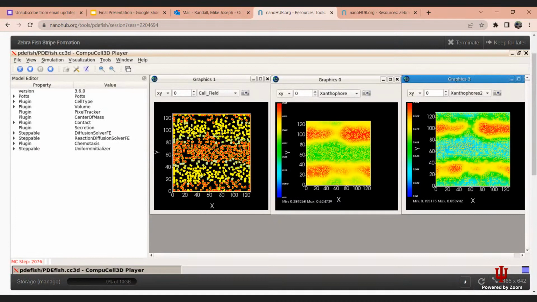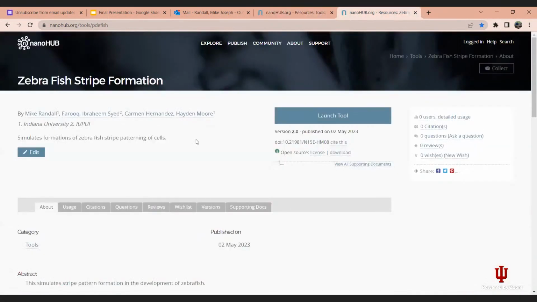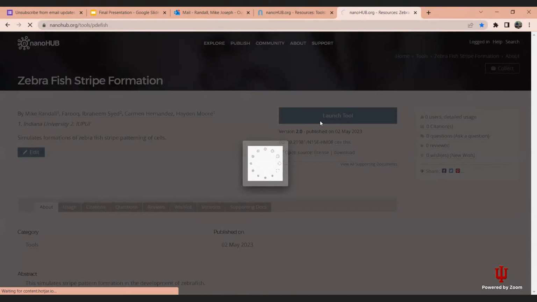Then I'll start it off from the beginning. So this is our NanoHub page here. We can launch it, and maybe see that effect at 300 steps in.